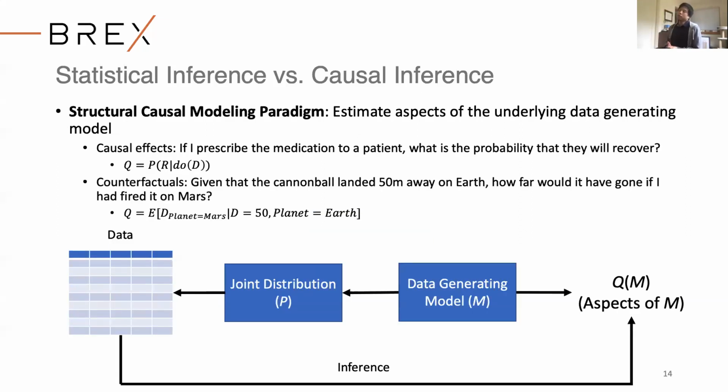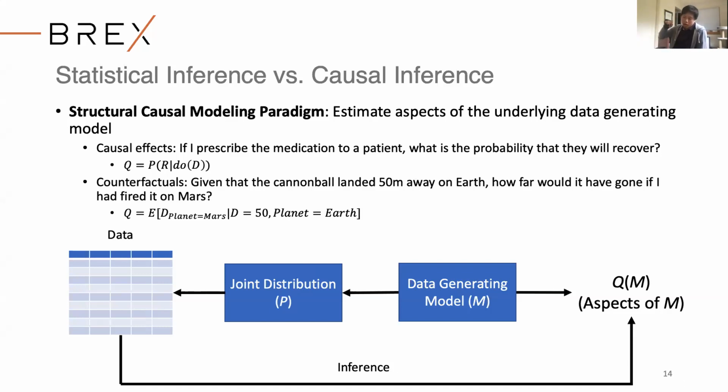Okay. Going to more of a causal inference paradigm, in this case we want to estimate aspects of the underlying data generating model. What we saw before were causal effects, like if I prescribe the medication to a patient. Now I'm no longer allowing whether they take the drug to be determined by cholesterol.